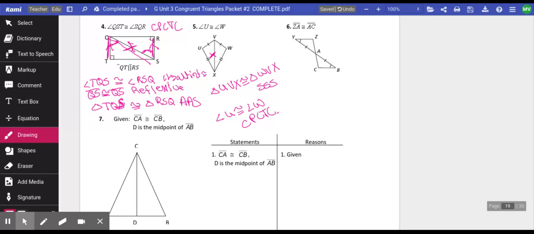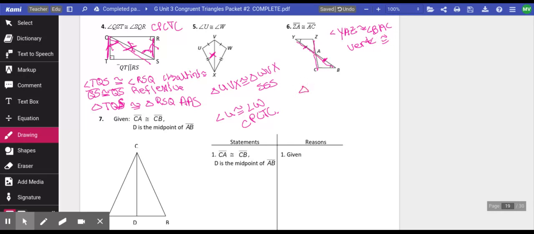Number 6, I have angle B is congruent to angle Y, and I have AB is congruent to AY. I need another fact. Well, the other fact I can get is that angle YAZ is congruent to angle BAC because vertical angles are congruent.